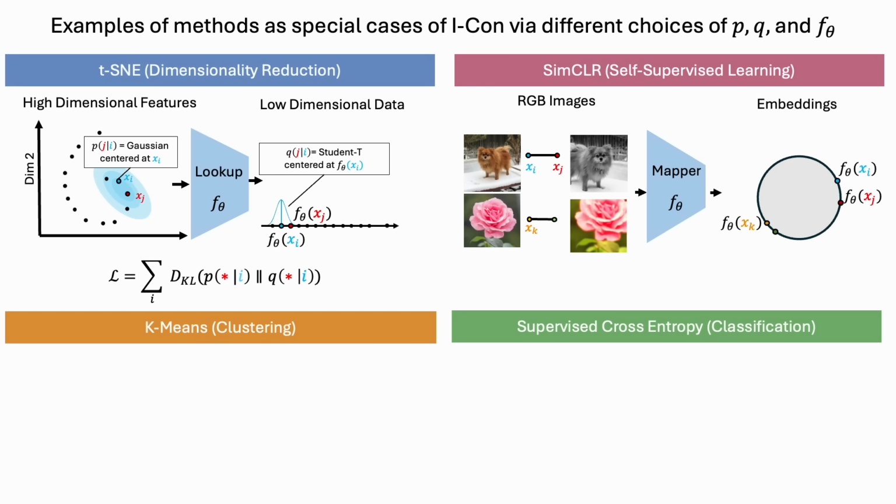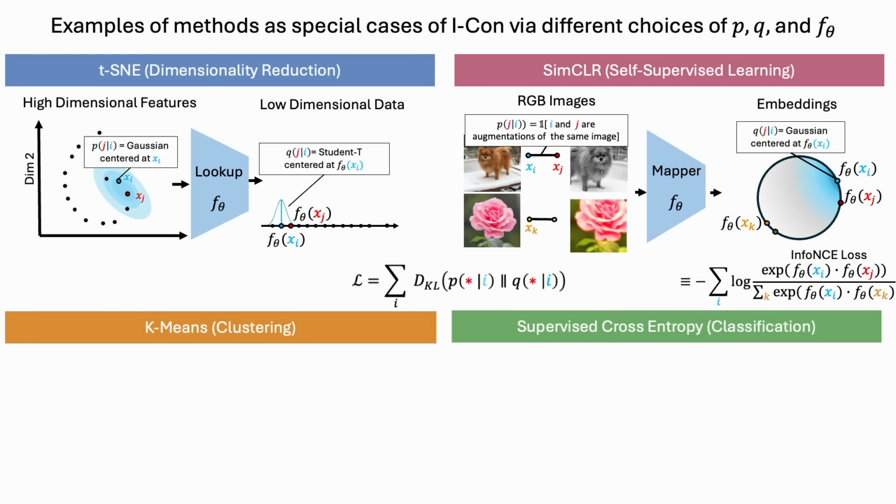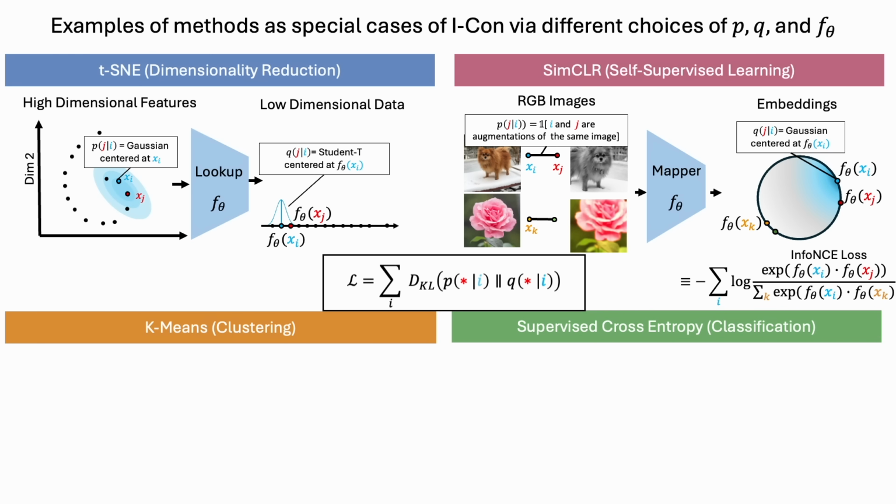While on the learned side, we define neighborhood probabilities based on distances, often with a Gaussian kernel, again. Matching these two distributions via KL divergence simplifies to the InfoNCE loss that is commonly used in contrastive learning. Therefore, these two problems from dimensionality reduction and contrastive learning minimize the same objective, that is the ICON objective.